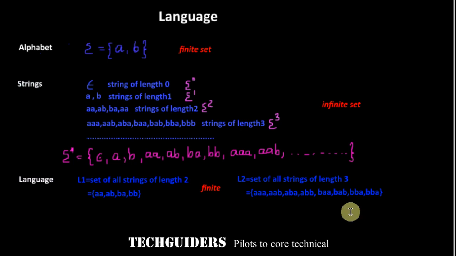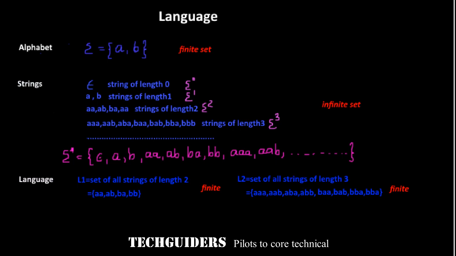Now if there is an automata which will act as an acceptor for this language, if one of these 8 valid strings is given to that automata, it should accept it and all other strings should be rejected. And a grammar for this language should be able to generate any of these 8 valid strings. And here also we can see the language is a finite set. So this language is a finite language.